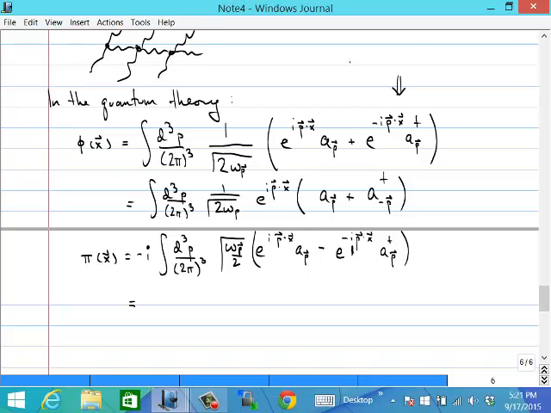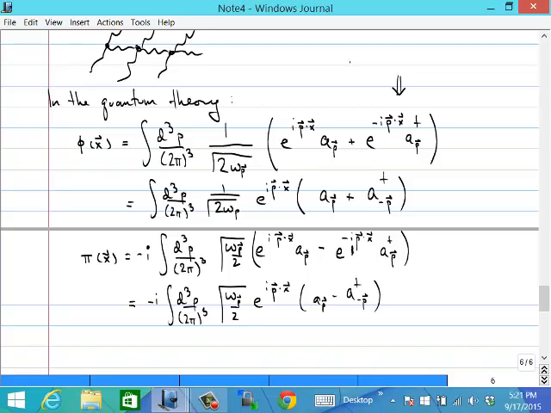All these 2 pi's and omegas and stuff, right now, all that is a convenient normalization factor for these operators A. And just as I did before, I could rewrite this as an integral d3p over 2 pi cubed times the square root of omega p over 2 e to the ip dot x times ap minus a minus p dagger.